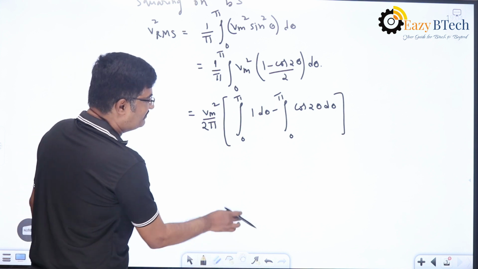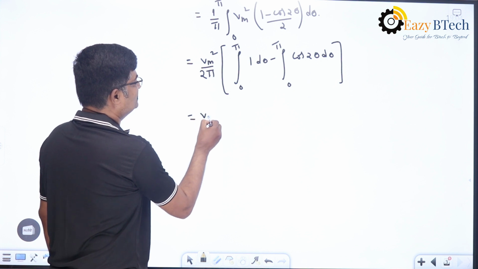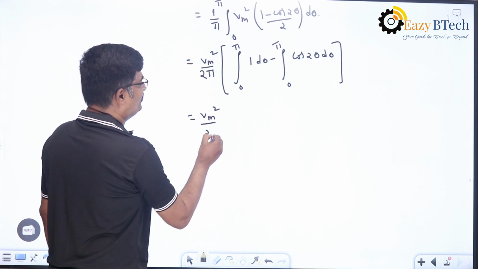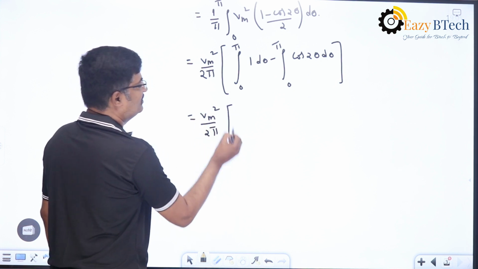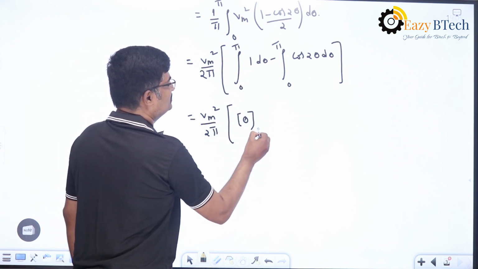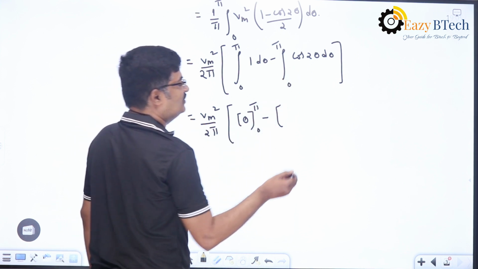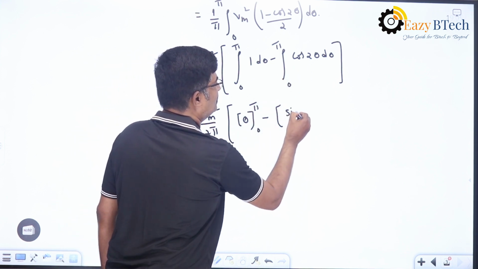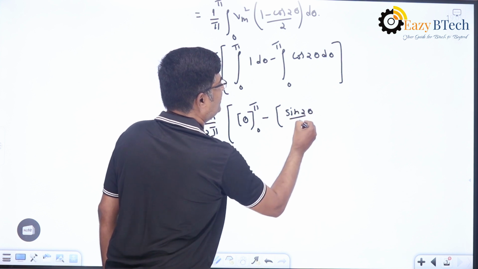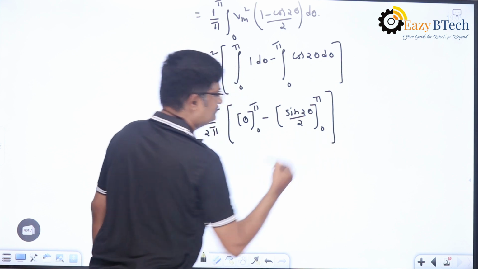Now here, what will happen? Simply, here I am having this as Vm square by 2 pi, as it is I will be having. Integration of theta is theta only in the limits 0 to pi, minus the integration of cos 2 theta is sin 2 theta by 2, limits 0 to pi I am having.